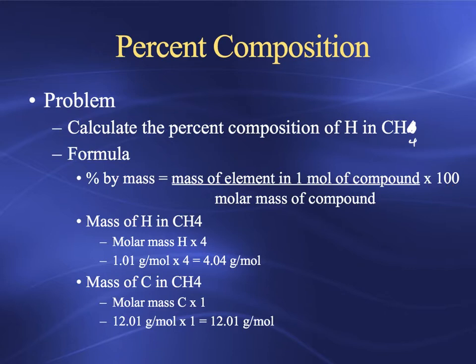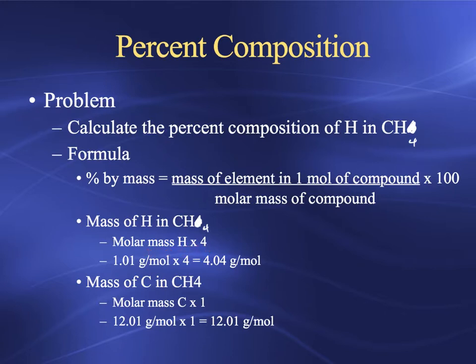So if I'm trying to find the mass of hydrogen in CH4 methane, and I'm given no information on where to start, what you go for is the molar mass of these elements. We've got 4 hydrogens in this compound, H4. So in order to find the percent composition of hydrogen, I'm going to first take the molar mass of hydrogen times 4.